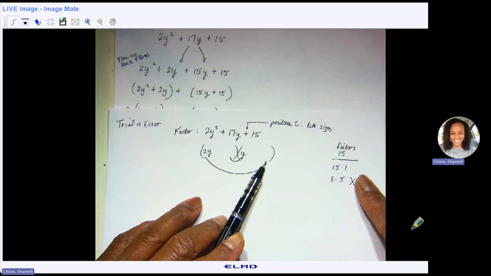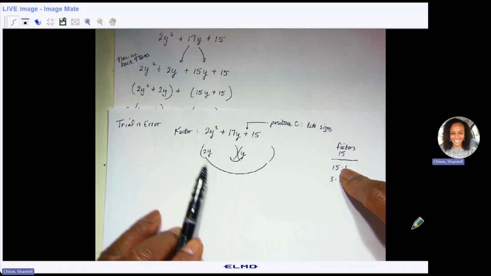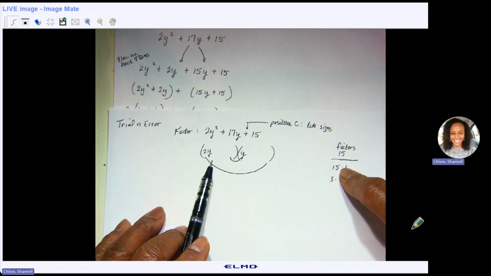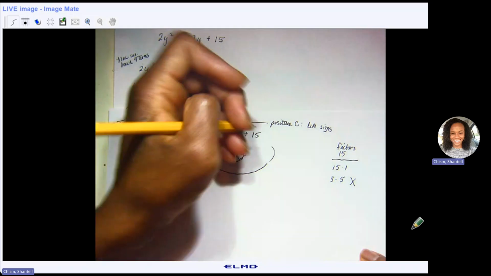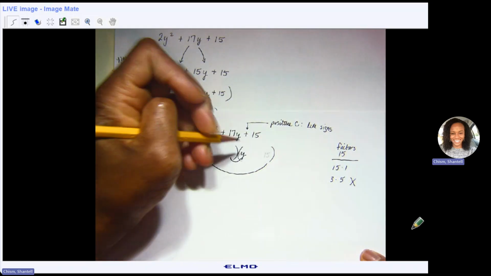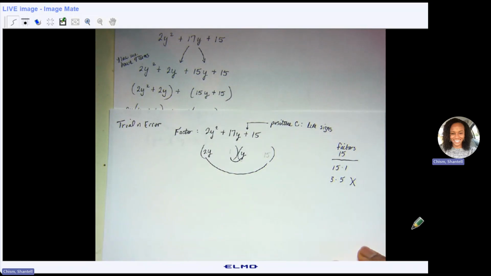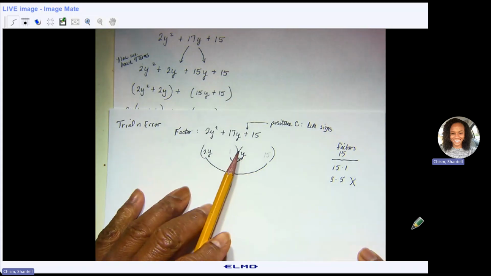So let's see where it needs to go. If I put 15 here, that would give me 15 times 2. I want a pencil. Let me show you here. If I use a pencil here, I can erase. So let's say I was to put 15 here, and let's say I was to put 1 here. And I wrote lightly because I want to be able to erase them if I have them in the wrong spot.